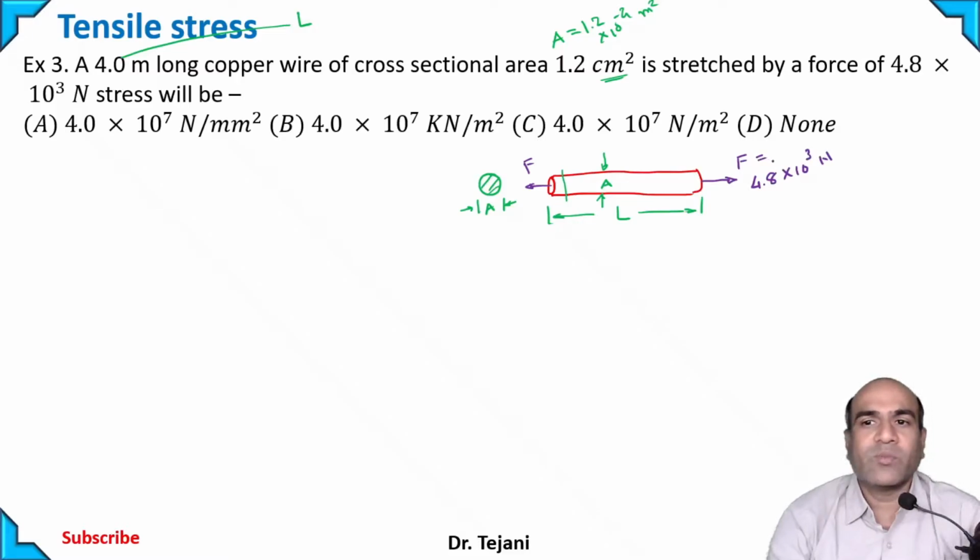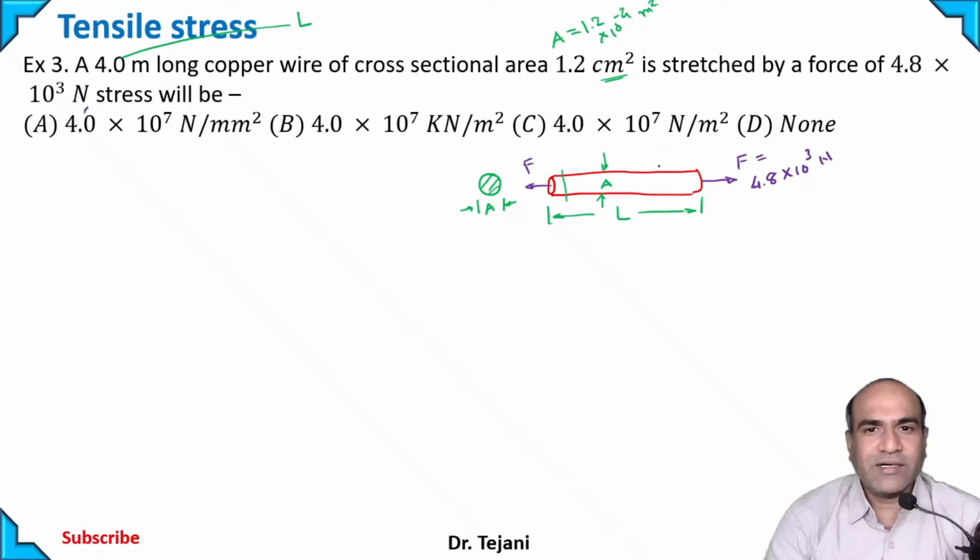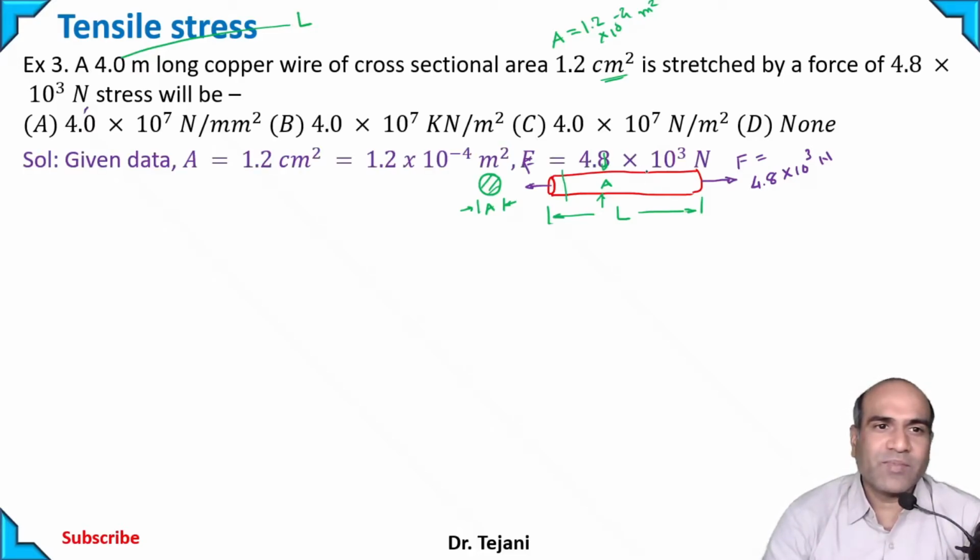So F is given as 4.8 times 10 power 3 Newton. It is asked, what will the stress be? Options A, B, C and D are given, with A being 4 multiplied by 10 power 7. So let's solve this example.